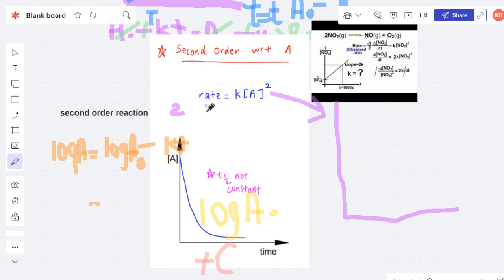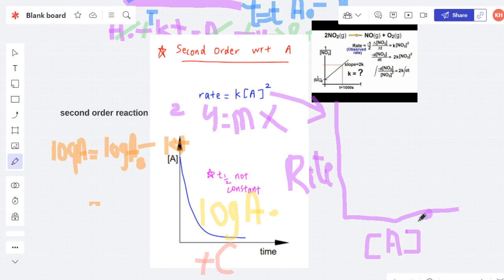This is y equals mx, where y represents rate and x represents concentration of a. Then the graph will look something like this. It goes something like this.